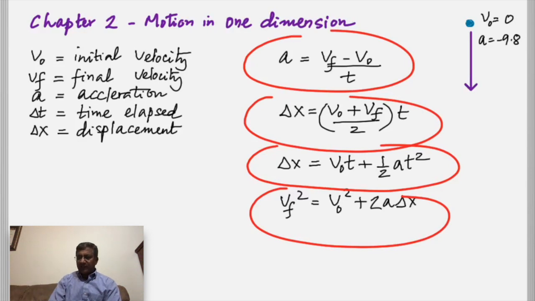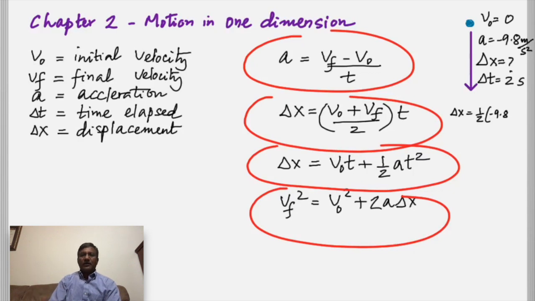So we can find the displacement after a particular time, let's say 2 seconds. Now when you look at these quantities, you understand that all these four quantities come into play in this equation. And so you substitute into that equation, and the first term, which is v naught t, becomes 0 because v naught is 0.